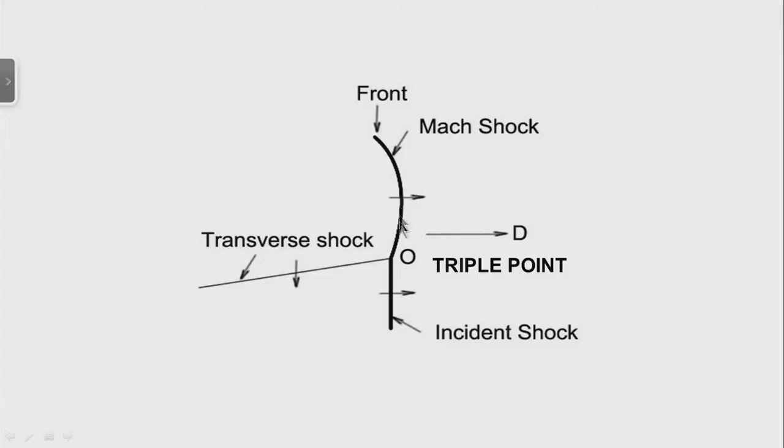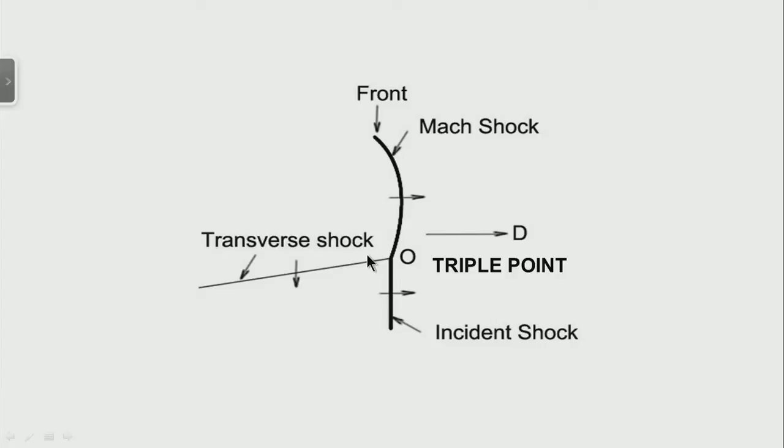Now, of the lead shocks, the Mach stem shock is much stronger than the incident shock, with the result that the induction time, or time for chemical reactions, behind the Mach stem shock is somewhat smaller, while behind the incident shock it is much larger. In fact, the transverse shock takes the gases which are still reacting, and maybe some chemical reactions occur over here. Therefore, the front of a detonation is not a single shock wave behind which chemical reactions are occurring, but you have a multitude of shocks.